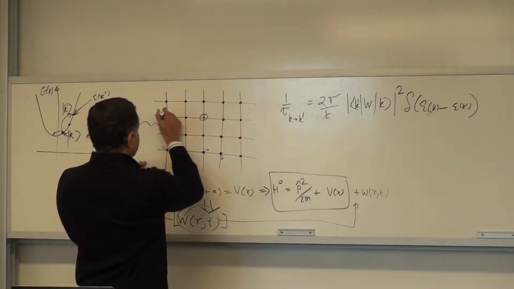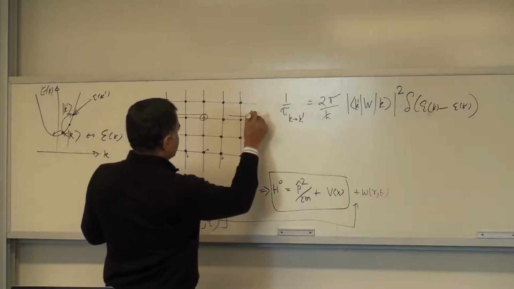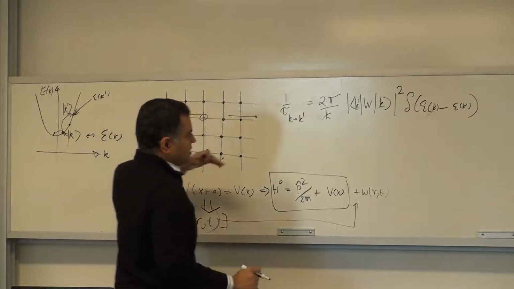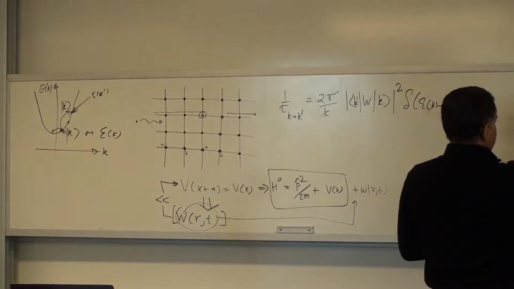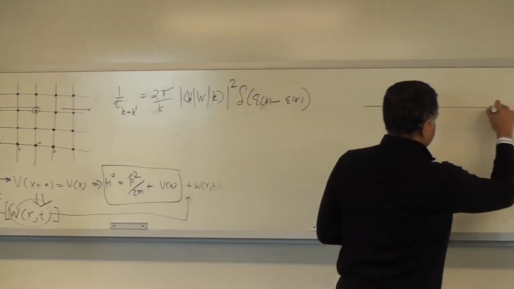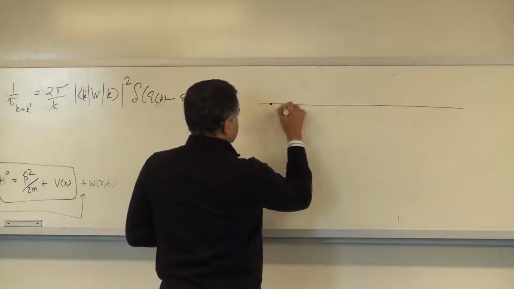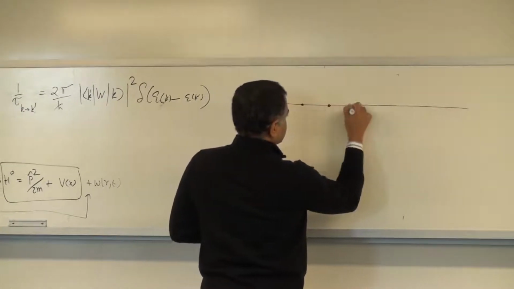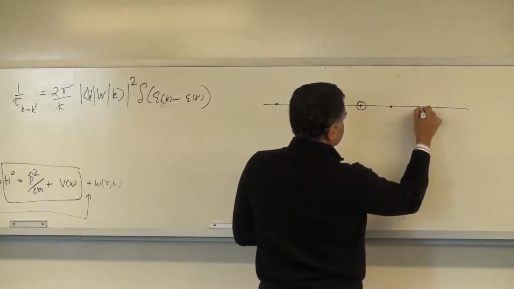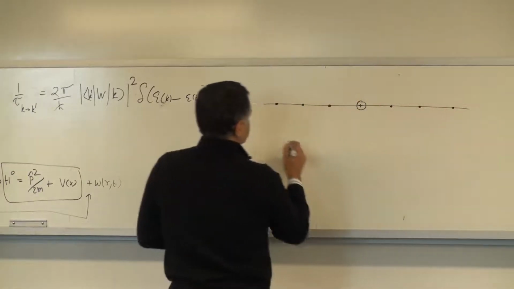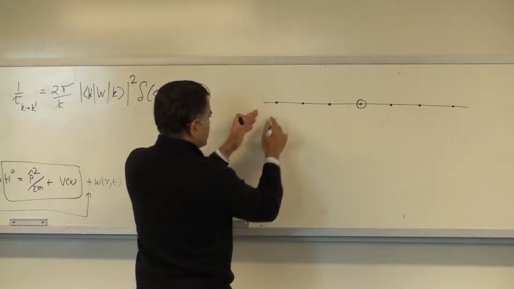Absolutely. So, for example, let's draw a line along this row of atoms here, and look at the full-blown potential that the electron is seeing. And then here you have a charged defect, a charged atom, a dopant, for example. Here are the rest of the atoms, maybe these are all silicon atoms.